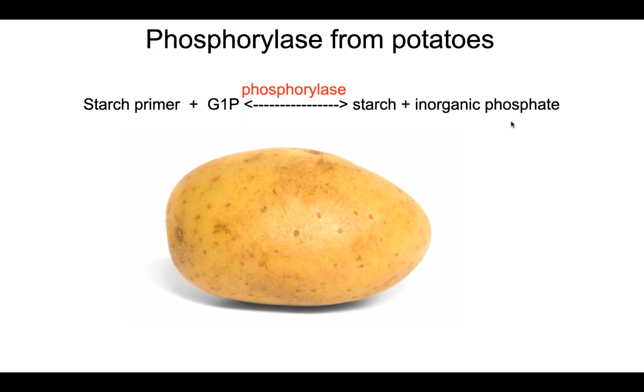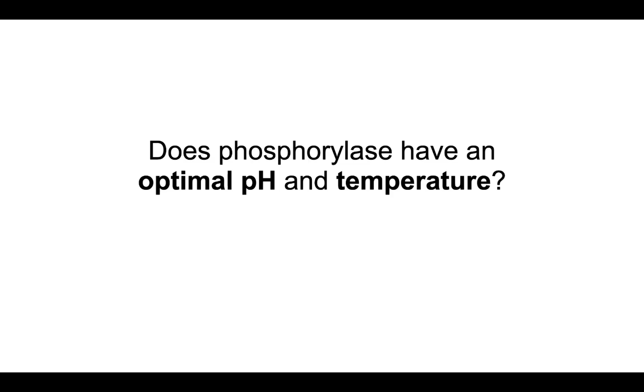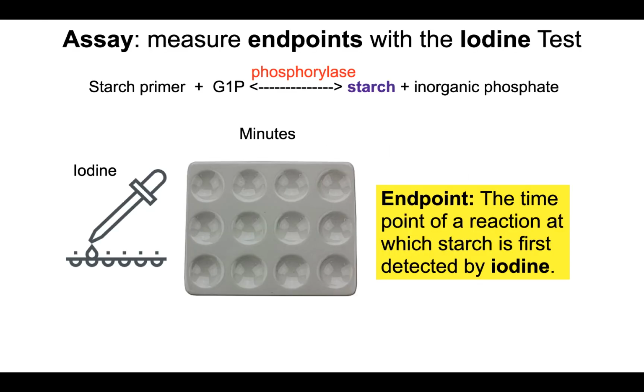So phosphorylase is the enzyme that we're going to ask our question about, and that question is, does phosphorylase have an optimal pH and an optimal temperature? And if so, what is the optimal pH and what is the optimal temperature?